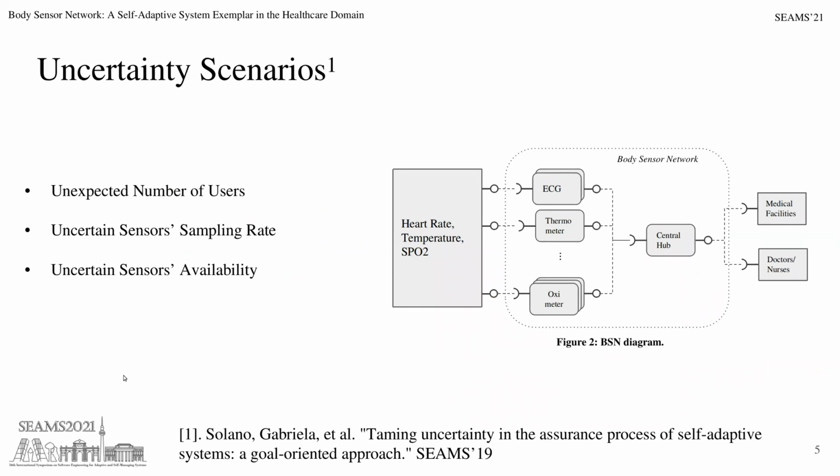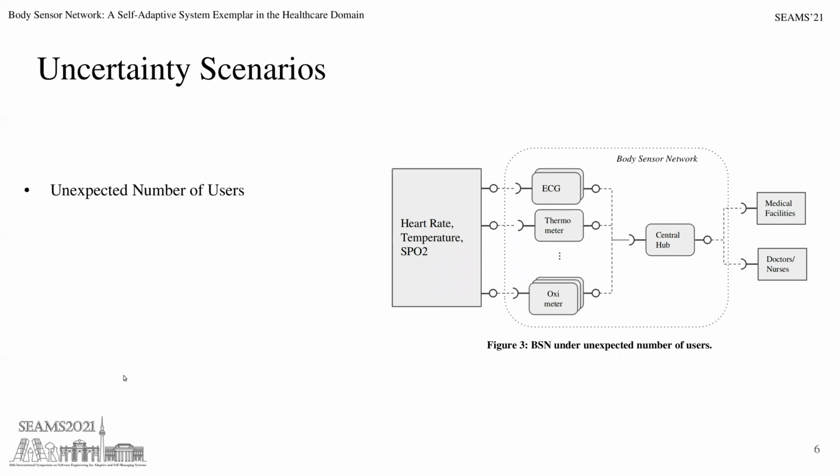As discussed before, in the intensive care unit, the BSN may face several uncertainty scenarios. For example, an unexpected number of users, uncertain sensor sampling rate, and uncertain sensor availability. The unexpected number of users might happen in situations where the healthcare system is facing an unpredicted demand.